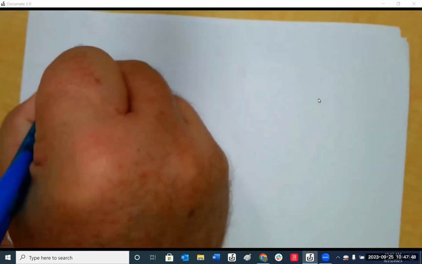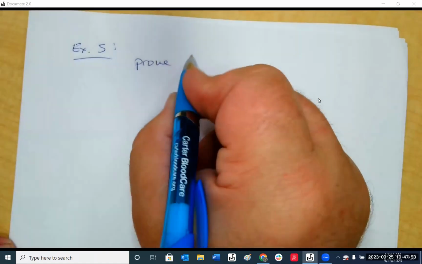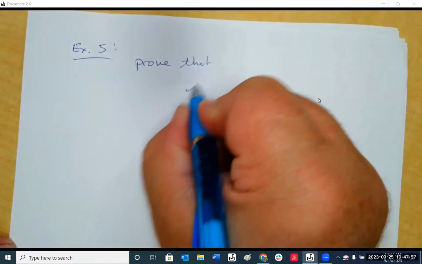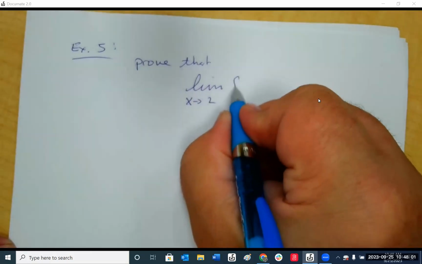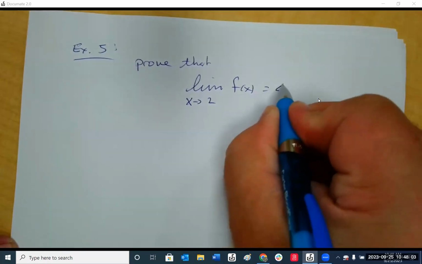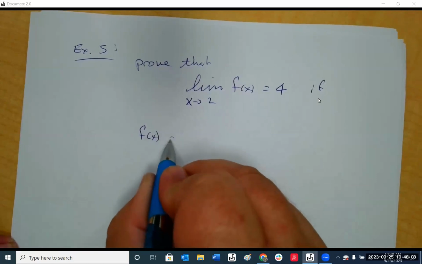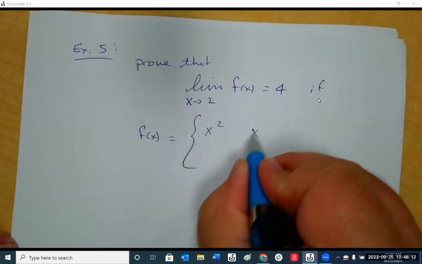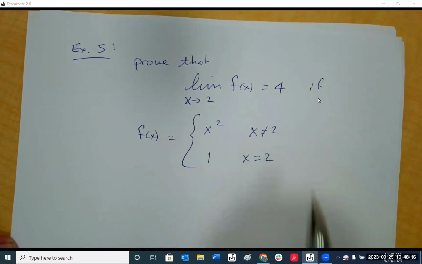Now look at a piecewise defined function. Prove that the limit as x approaches 2 of f(x) equals 4 if f(x) equals x squared when x does not equal 2 and 1 when x equals 2.